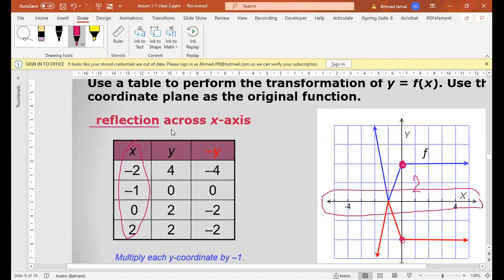Because I stay here across the x-axis. I have another point and I will check if it is the same distance, yes or no. Yes, 1, 2. You can check with another point. Yes, this point, the same distance across the x-axis, 1, 2, and here 1, 2. So this shape, this function, is reflected across the x-axis. Okay.